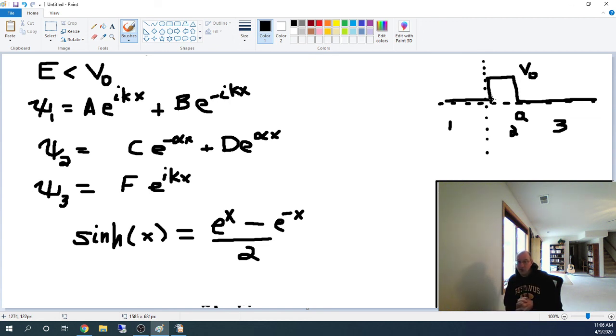You can change the transmission coefficient by a factor of 10,000, which is easily measurable. So this is an extremely sensitive way to measure very, very tiny distances.